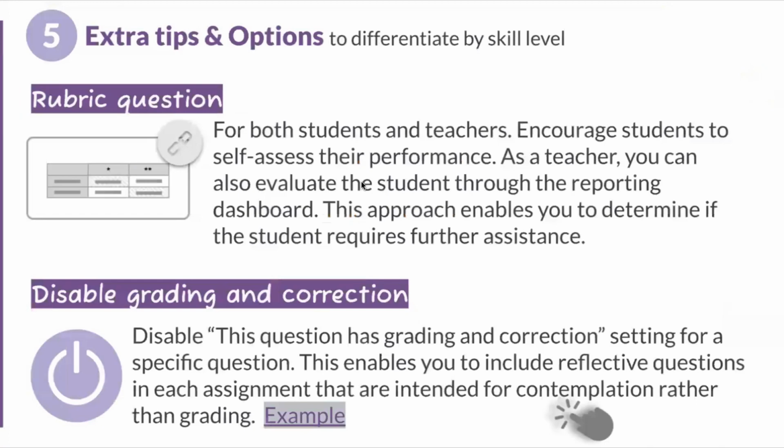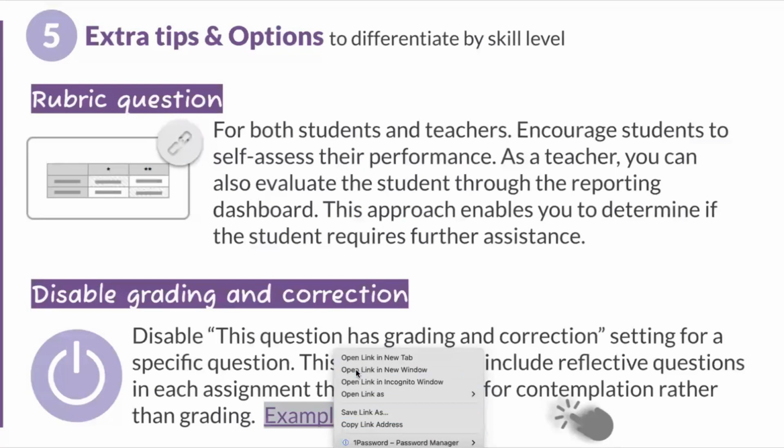So it's great to help your students along. Another thing to consider with options is disable grading and correction. You could disable grading and correction on the specific question level. And then this allows you to include reflective questions in each assignment that are intended for reflection and contemplation rather than grading. So we'll take a look at this example.